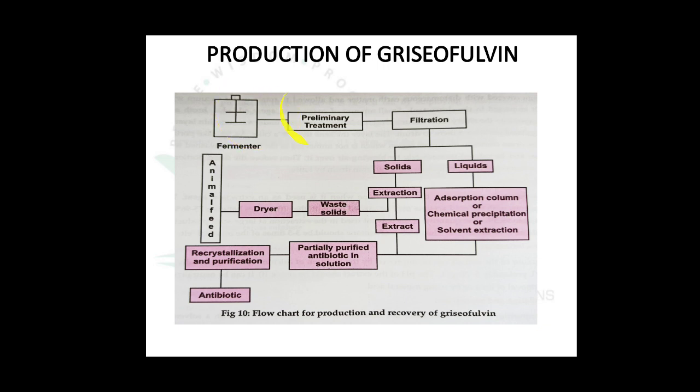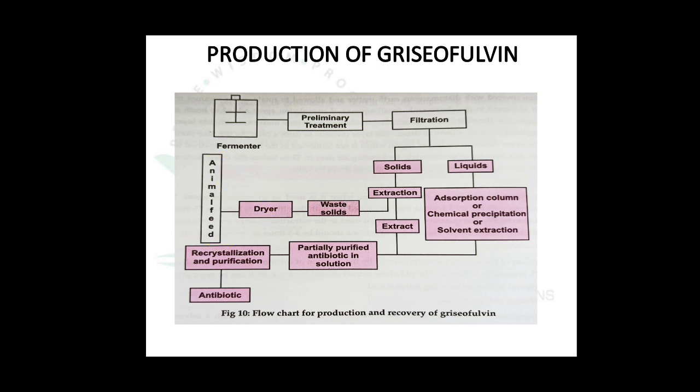From the fermenter, a preliminary treatment is done to improve the filtration rate by increasing the temperature. Then after that, filtration, from which we separate the solid from the liquid. The waste solid material is dried and can be used as animal feed.